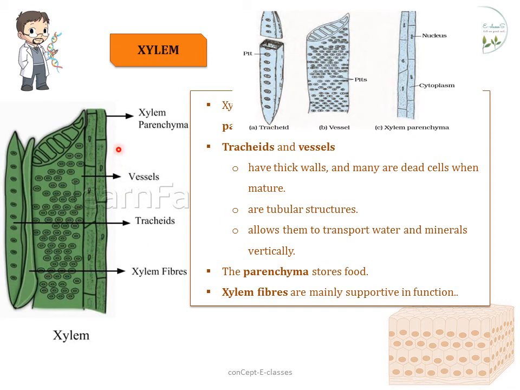The xylem parenchyma stores food, and the xylem fibers or xylem sclerenchyma are mainly supportive in function. They contain non-living fibers with thick walls that provide mechanical support. So the main function of xylem is to transport water and nutrients from the roots to the upper parts of the plant, to provide mechanical support, and to store food as well.